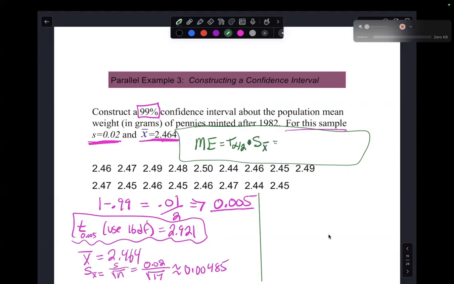So I'm going to take the t-value and multiply it by the new standard deviation that we just calculated. So my margin of error here, 0.014, I'm going to go with 2. So this is the margin of error.